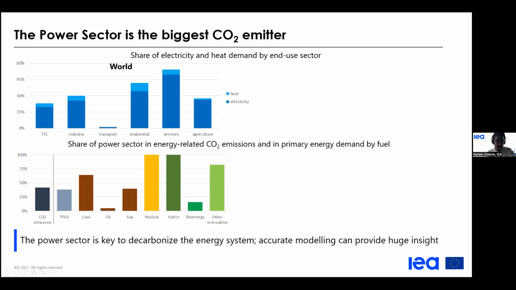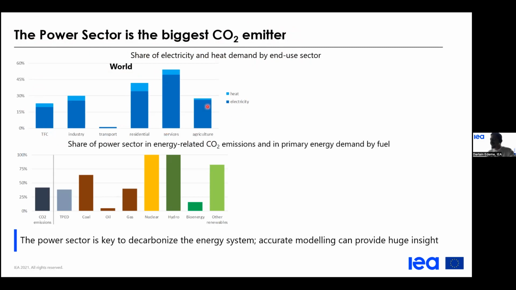Here in this first graph, you have the share of electricity and heat demand by end use sector. The big message to bring home today is that the power sector is the biggest CO2 emitter.